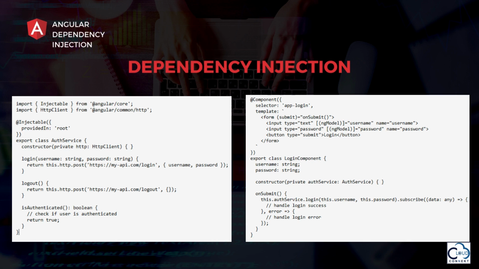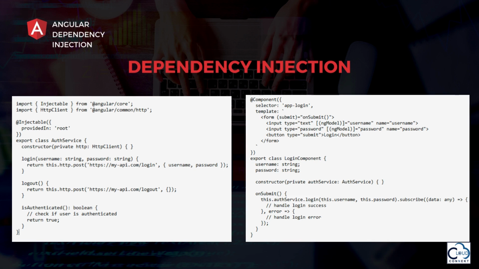Then we will return the HTTP request, a post request to the API that you're going to use for your login, that will read your username and password and check if the username and password exist in your website.